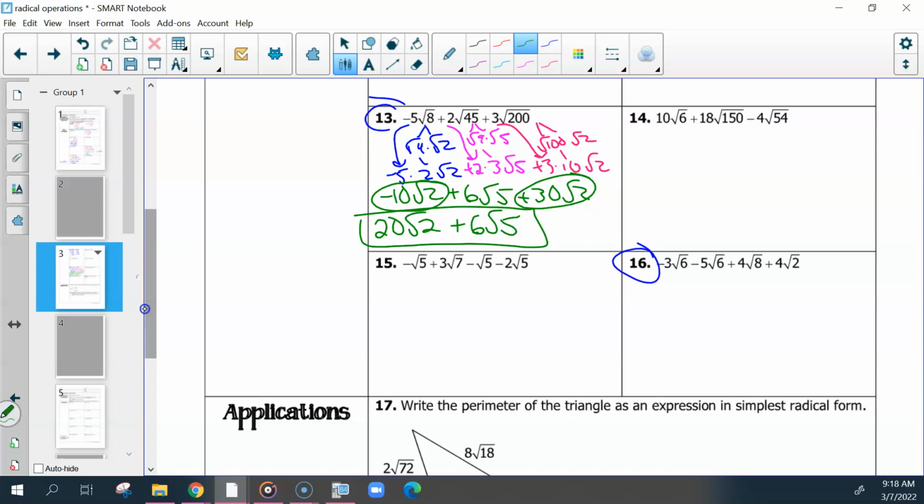Put that in your calculator really fast because there's a lot of things we simplified and a lot of things disappear. So put that original in your calculator and then that final answer and see if you get the same thing.